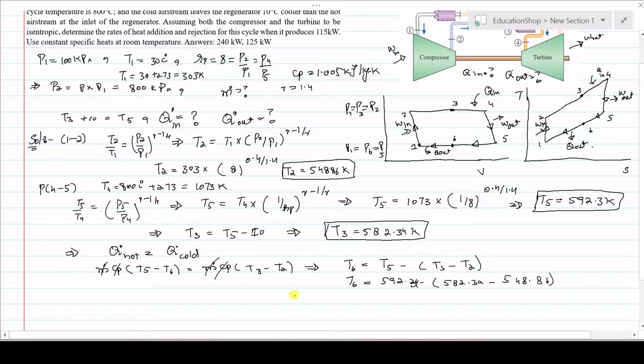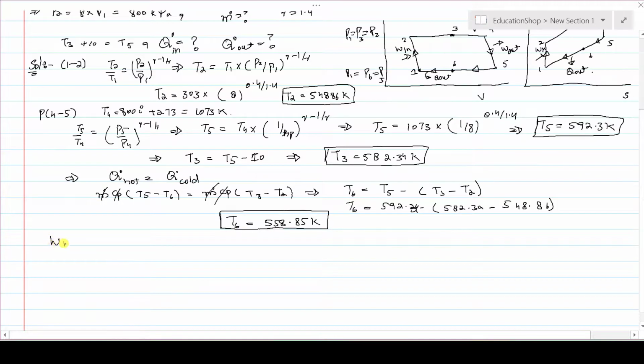When you solve this on calculators, you will get the T6 value and it is next to find the work input that is required to run the compressor, equal to Cp, change in temperatures, that is T2 minus T1. Just enter the value and you will get the required work input per kg.